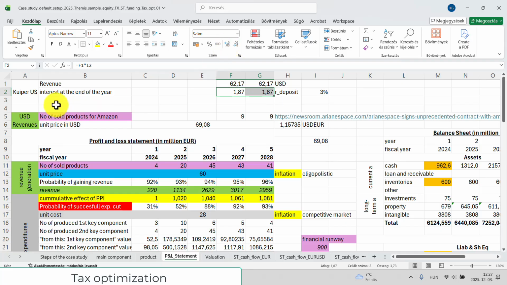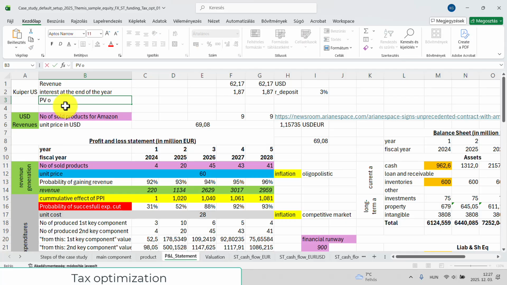And then after that, we have to determine the present value. Present value of this cash flow right now in the fourth year, sorry, practically not in the first year, in the 0 year, but doesn't matter.